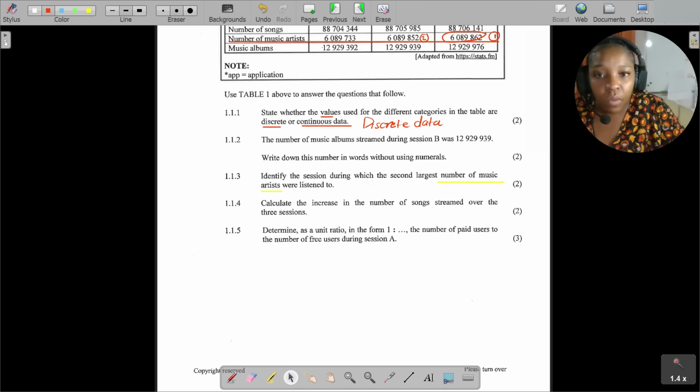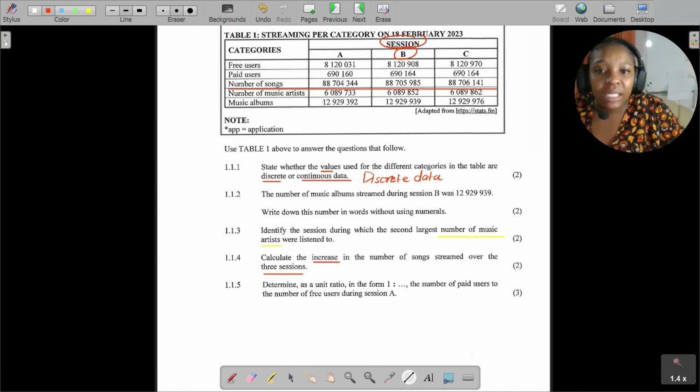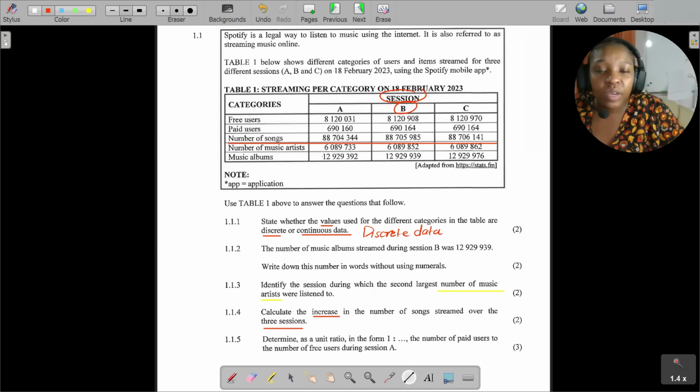Question 1.1.4. Calculate the increase in the number. So what is the increase in the number of songs streamed over the 3 sessions? Okay, so here we're going to be focusing on the category, number of songs. What is the increase that we are seeing in the number of songs streamed over the 3 sessions?